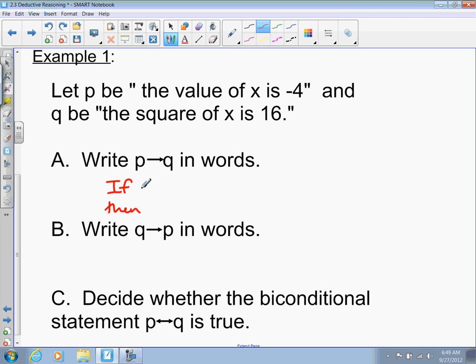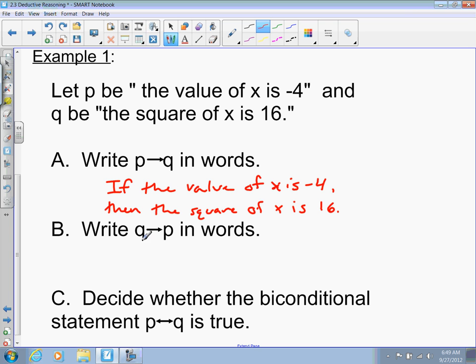So if the value of x is -4, then the square of x is 16. True statement, right? If the value of x is -4, then if you square x, you get 16. -4 times -4 is 16, positive.